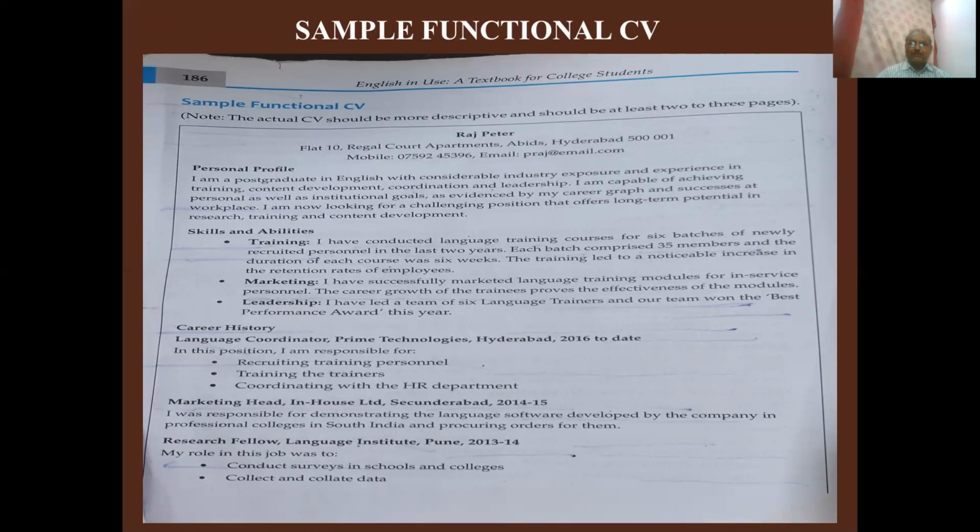Once again, we'll have a glance at this sample functional CV. This is the way one person who wants to get employment must have the discipline of presenting information through this functional CV.